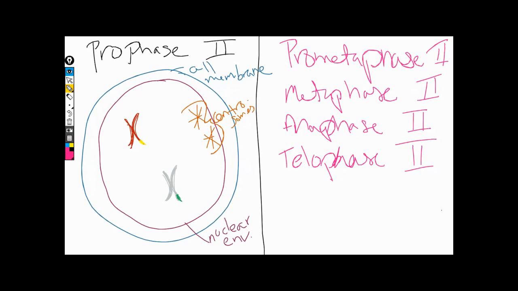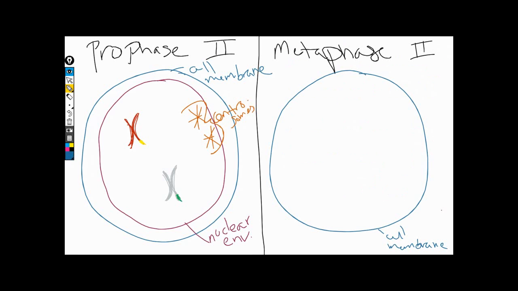When I'm done with telophase 2, how many cells should I have? 4. Good. Okay, take a hot second to do this.